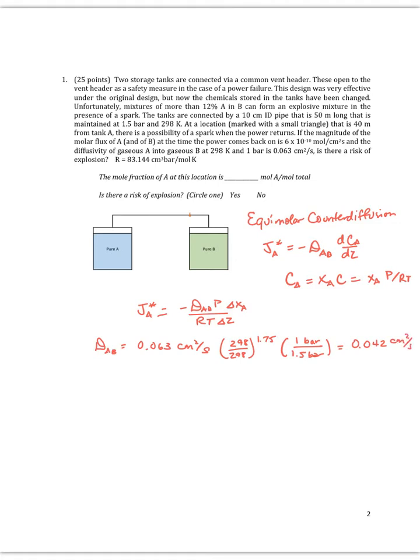Now then, if you take this expression and rearrange that to solve for delta XA, we end up with this expression, and JA star is given. R was given.